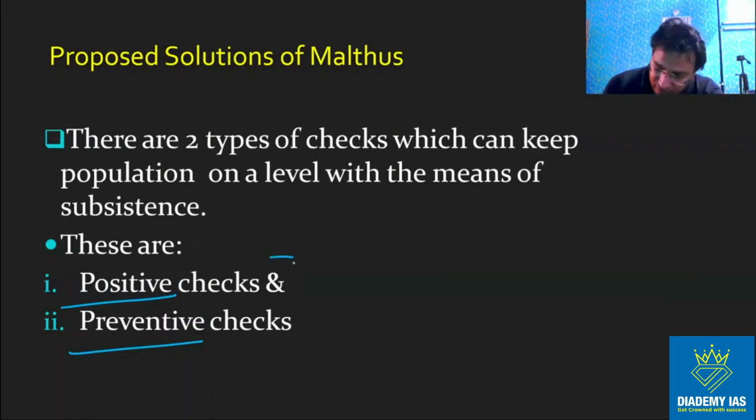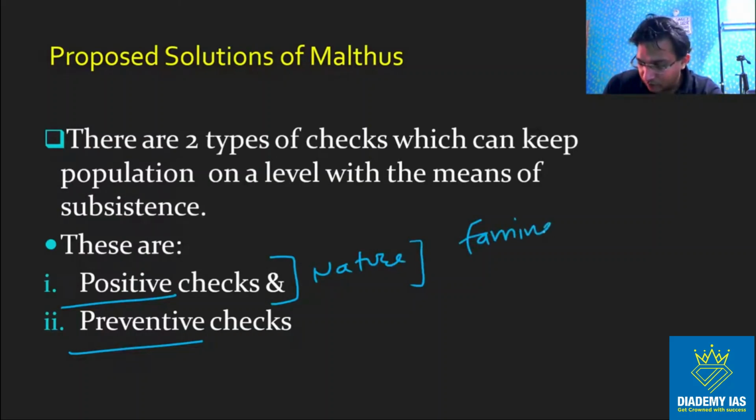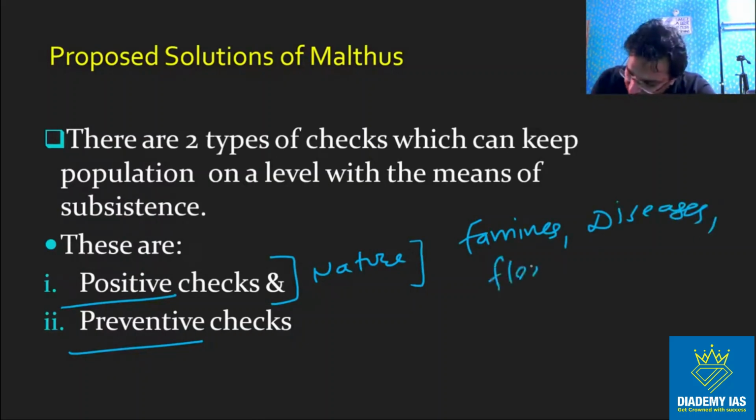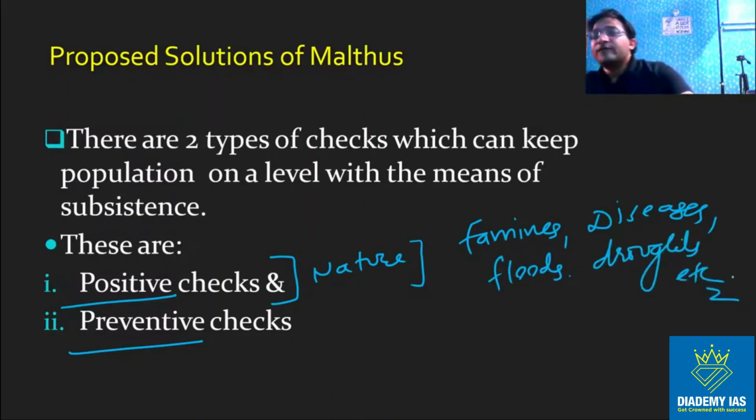Positive checks are taken by the nature in the form of famines, diseases, natural disasters like floods, drought, etc. Right? So if human beings continue to exploit the nature beyond its carrying capacity, then all of these things will start. ये चीजें start हो जाएंगी.